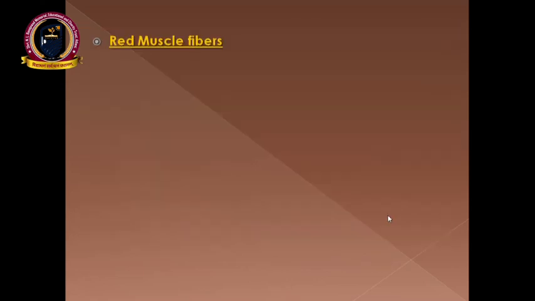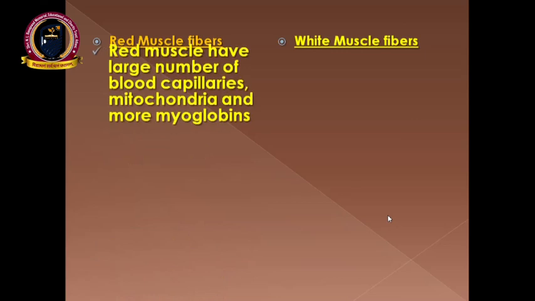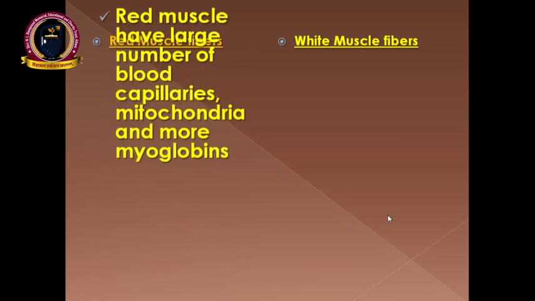Now let's take up the differences between red muscle fiber and white muscle fiber. First, taking up red muscle fiber. Red muscle fibers have a large number of blood capillaries supplied, and inside the muscle fibers a large number of mitochondria and also more myoglobin.